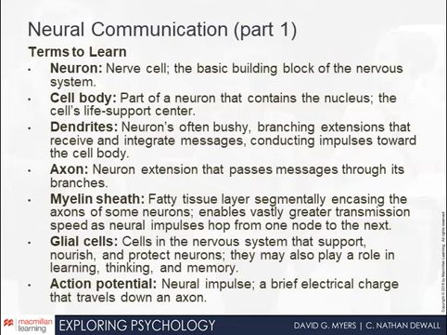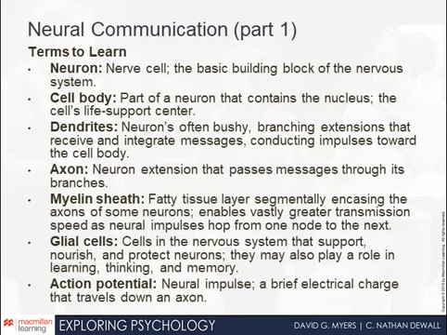Myelin sheath, fatty tissue layer segmentally encasing the axons of some neurons. It enables vastly greater transmission speed as neural impulses hop from one node to the next. Also want to note this: the myelin sheath is also partly responsible for a particular disorder that you may be familiar with.